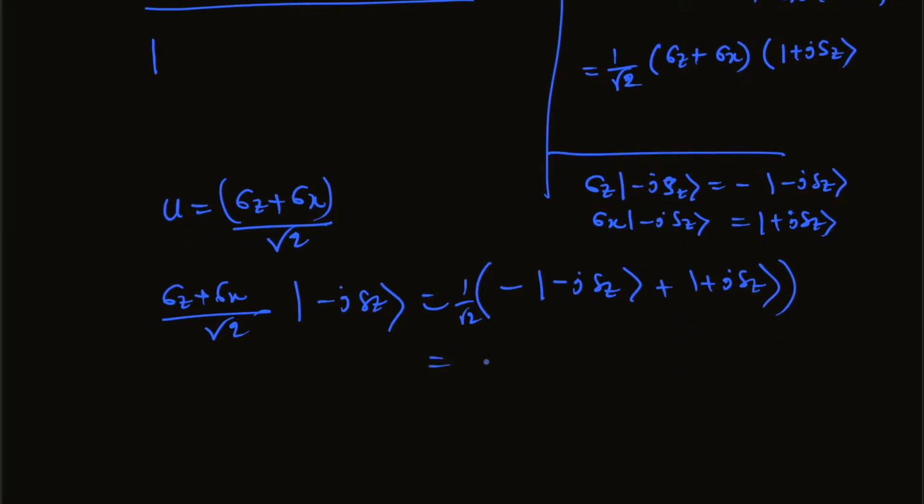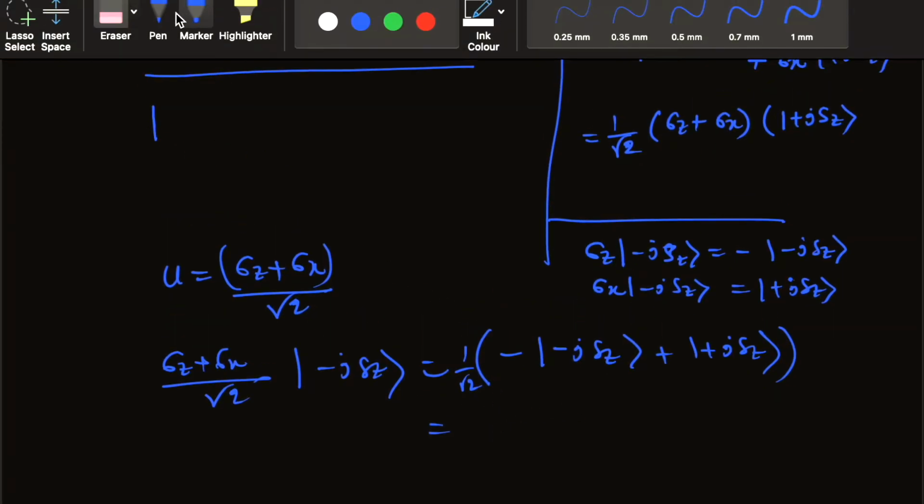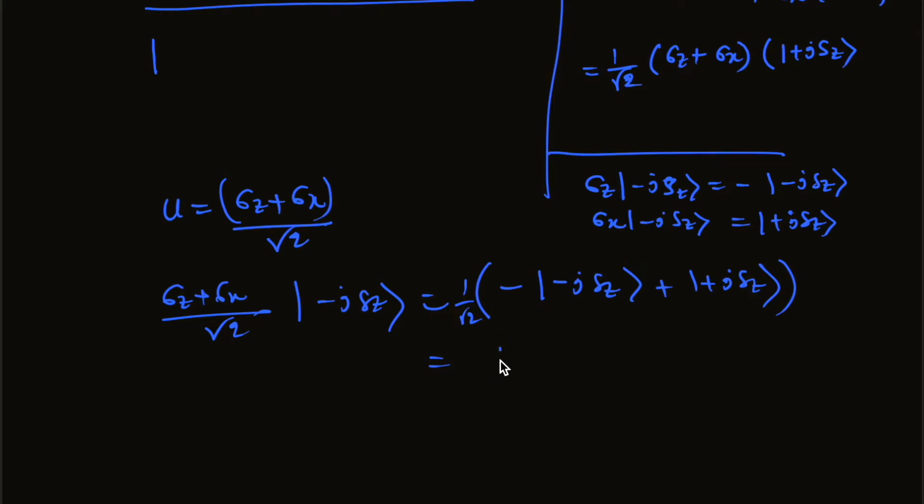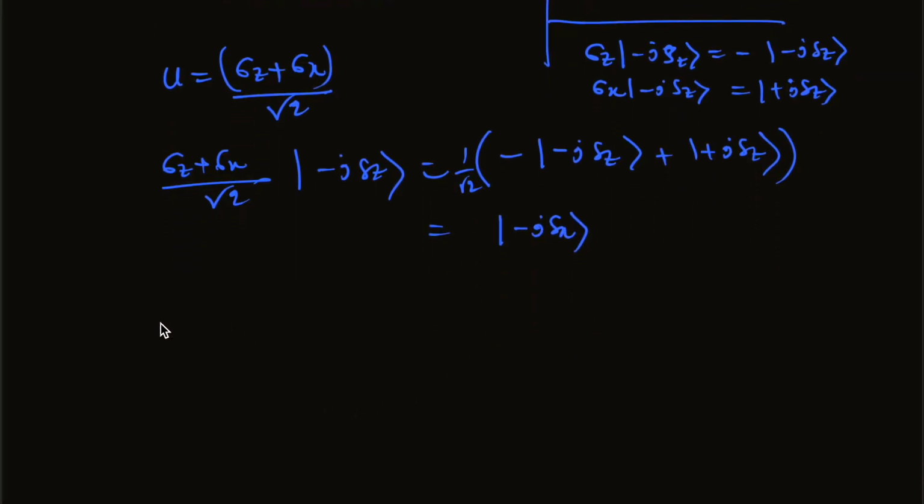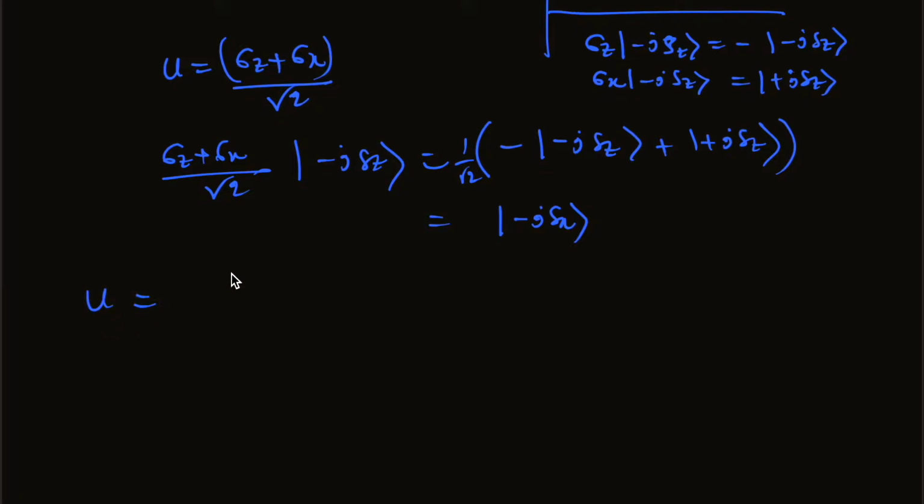So it is nothing but 1 by root 2, which gives minus SX. So here our operator U is sigma Z plus sigma X by root 2.